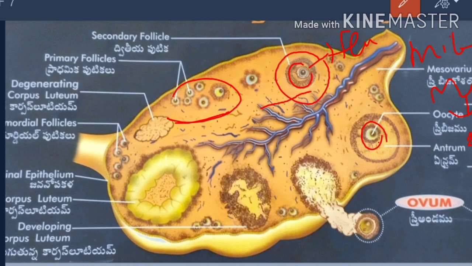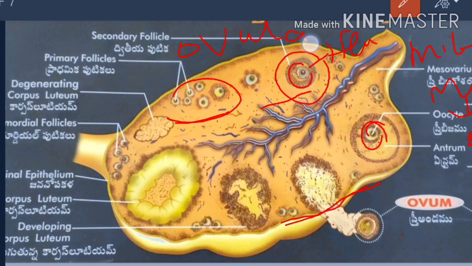Next, whenever the ovum matures, the follicle moves to the surface and may rupture. Rupture means burst at the surface of the ovary, meaning near the end point of the ovary. Later the ovum or egg is released from the ovary. This process is called ovulation. So what is ovulation?